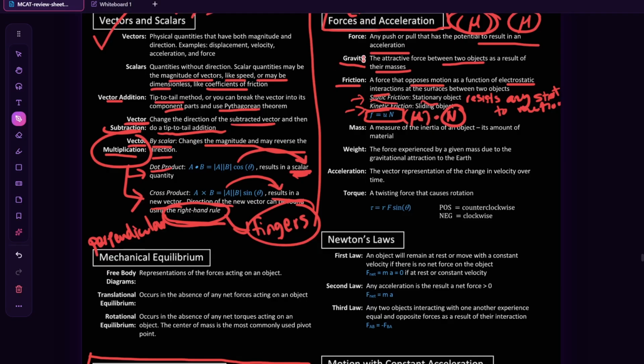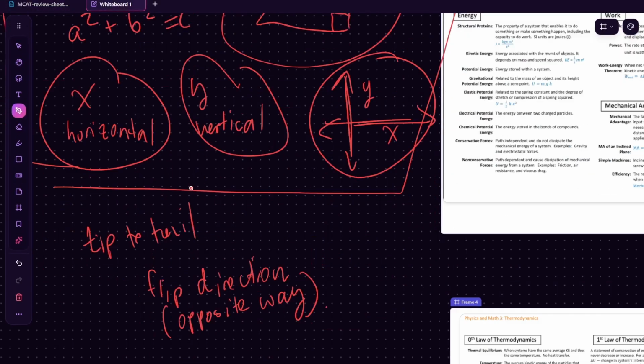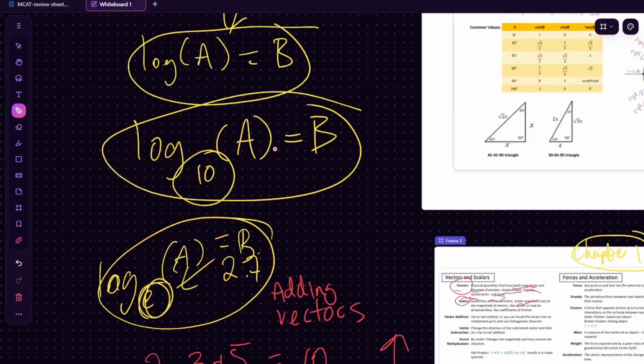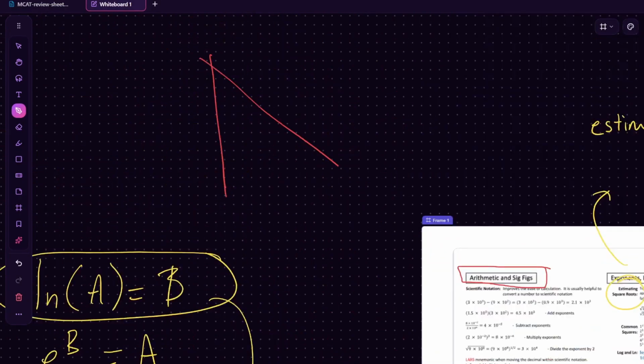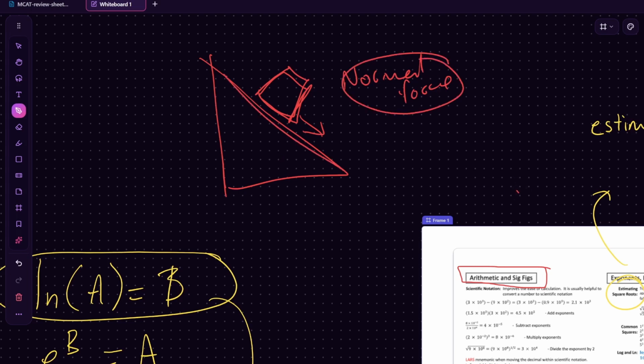So when you do physics, always try to draw diagrams, and lots of diagrams. If you have this inclined plane here, and you have a box here, there might be kinetic friction as the box moves down this way, but we're talking about normal force. Normal force, again, is the force pressing the two surfaces together perpendicular to the surface. Here's the surface.